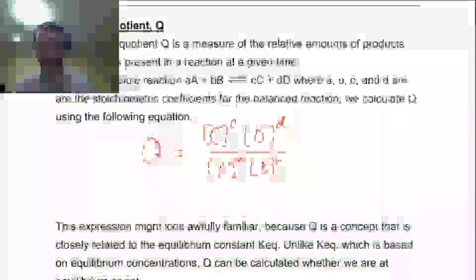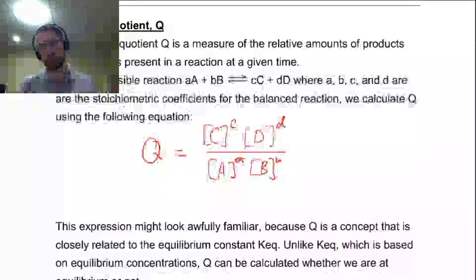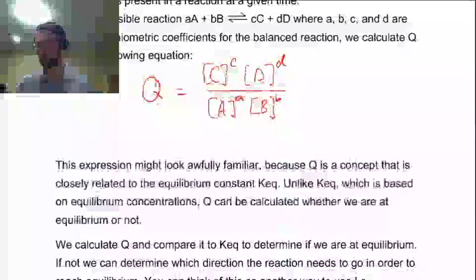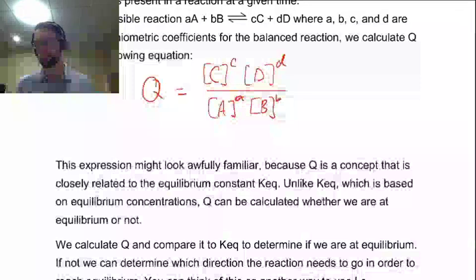That's the equation we're going to be using. This should look really familiar because you have already played around with it before, when you called it the Keq equation. Now this is the Keq equation if you are at equilibrium.